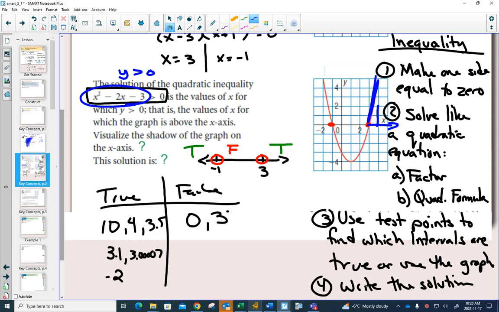The whole graph is bigger than 0 there. The whole graph is bigger than 0 here. These sections would be true based on the graph. But this section in the middle, all the y values are less than 0. So we can also see the solution from the graph. And this is how we can solve a quadratic inequality.